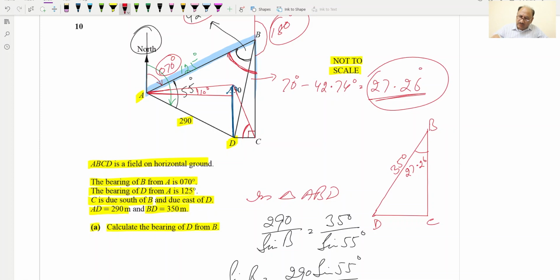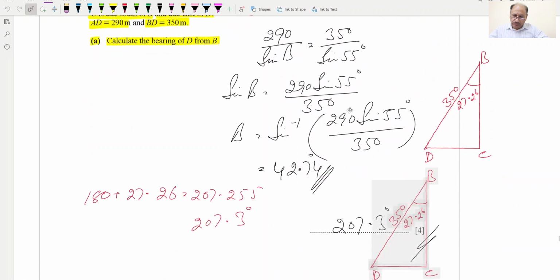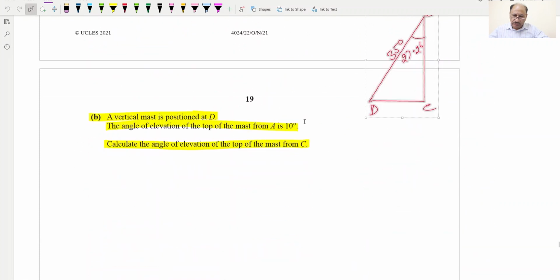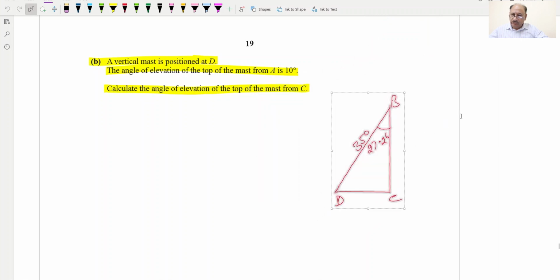Now we can move this drawing to the location where we are solving the question, and we can discuss this. Basically, this is our drawing. Now we need to find DC. DC is this length we need to find. Now we can apply trigonometry. Opposite will be this one, opposite over hypotenuse, which is 350.